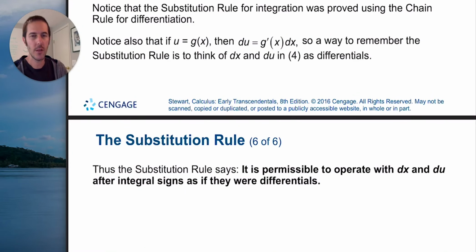It's interesting to think that you could actually write this. The idea of integrating dx or du, normally we don't think of these as actual expressions that you would be integrating.